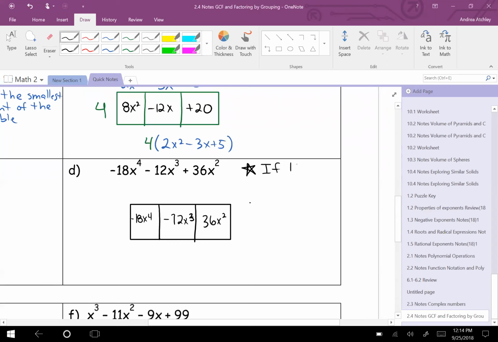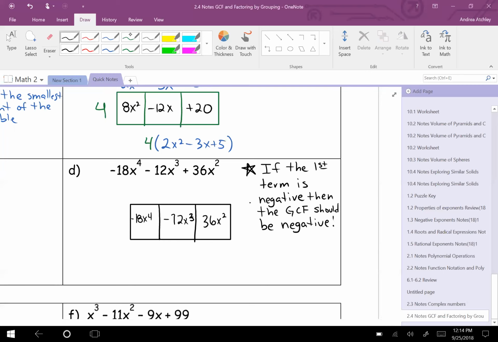If the first term is negative, then the GCF should be negative. Okay, very important. If that first term is negative, you want the GCF to be negative.